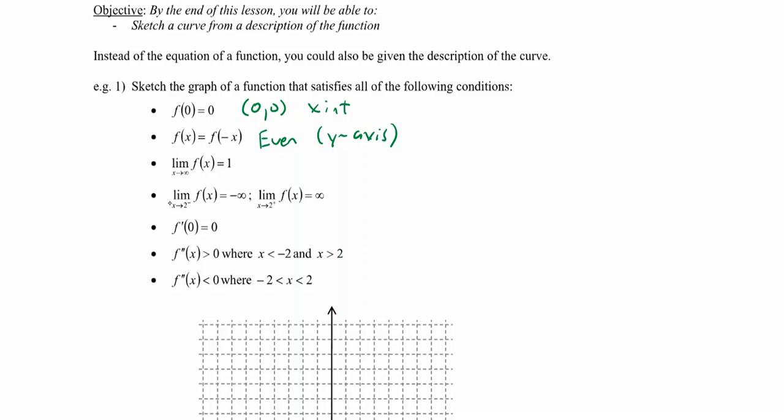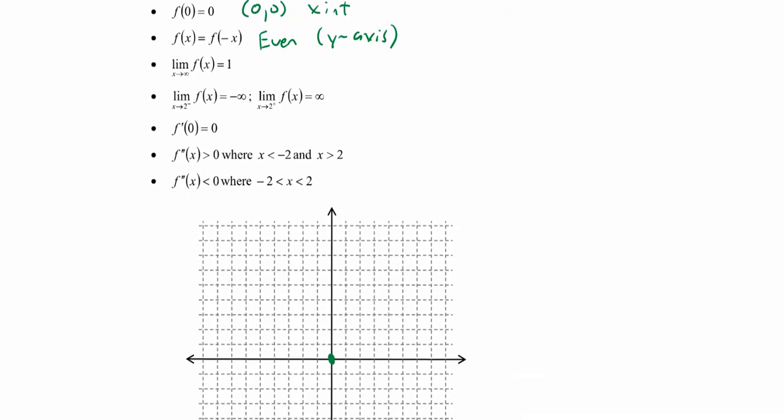All right. So now the limit as x approaches infinity of f of x is equal to 1. Okay, well, what does that mean? That means that as x is going farther and farther this way, we're approaching 1. So that means we have a horizontal asymptote at 1.